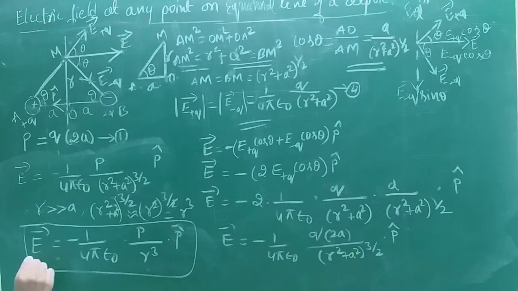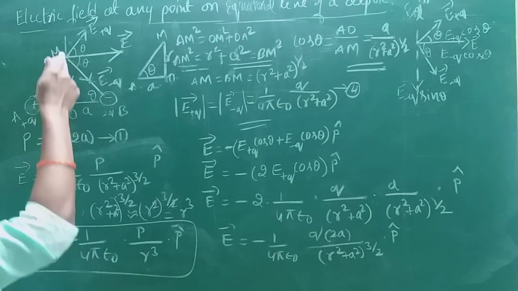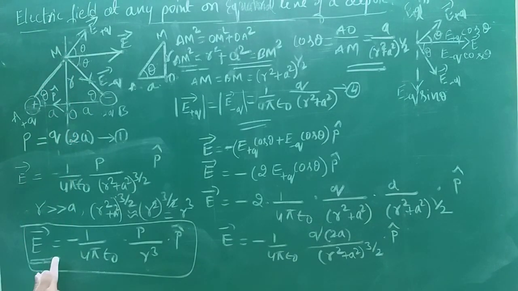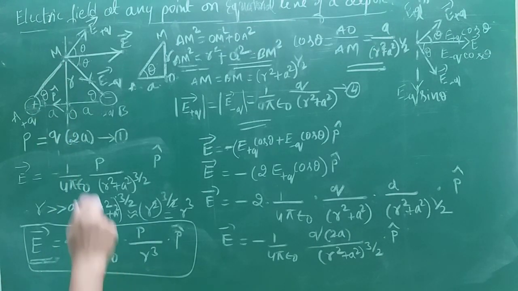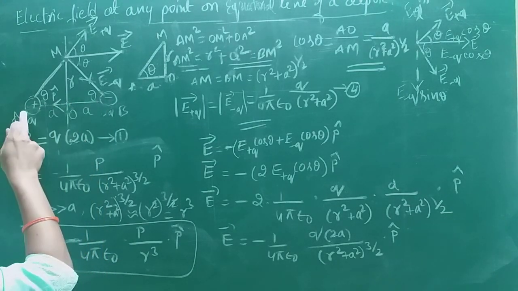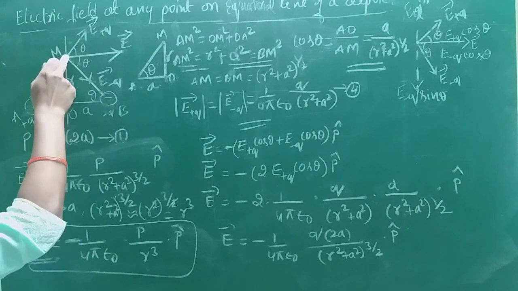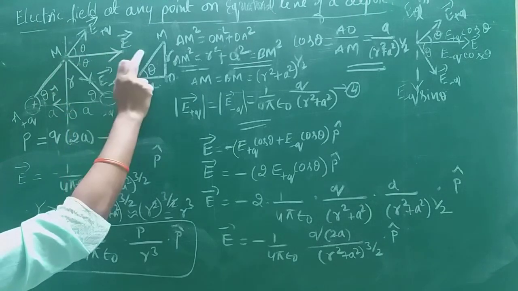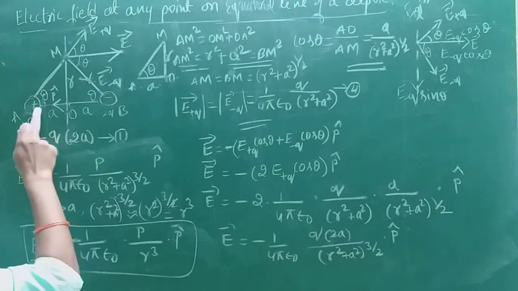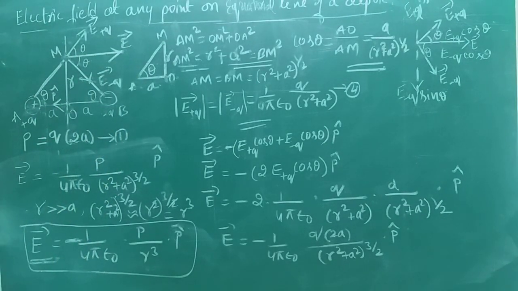Here the negative sign represents the direction opposite to the direction of dipole moment. So at any point on the axial line, electric field is along the direction of dipole moment. At any point on the equatorial line, electric field is always opposite to the direction of dipole moment.